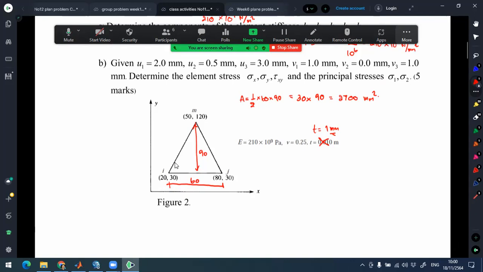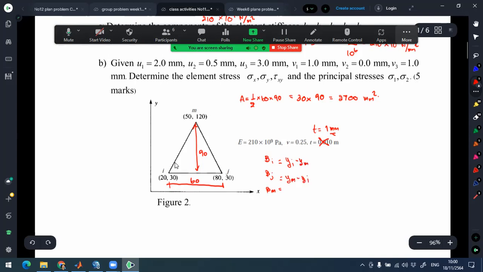Do the same thing for beta I, beta J, and beta M. Beta I is equal to yj minus ym, ym minus yi, and yi minus yj. It is equal to 30 minus 120, which becomes minus 90, and 120 minus 30 becomes 90.